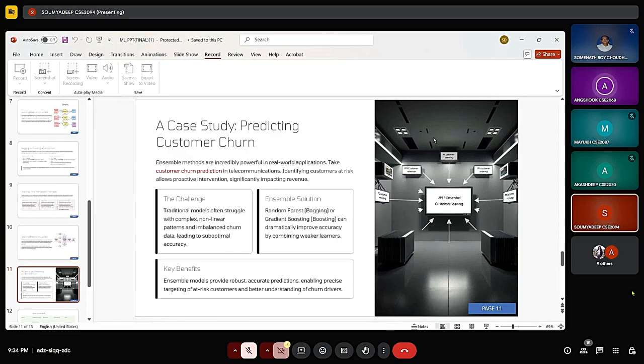How does an ensemble solution help with this? Random forest bagging or gradient boosting can dramatically improve accuracy by combining weaker learners. And the key benefits are that ensemble models provide robust, accurate predictions, enabling precise targeting of at-risk customers and better understanding of churn drivers. Next slide, please.